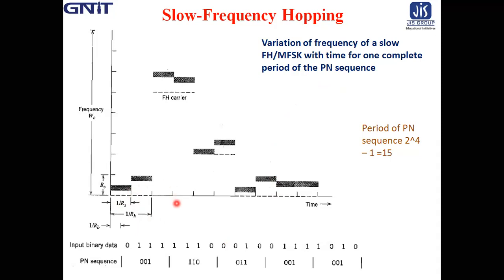This figure also includes the input binary data and the PN sequence controlling the selection of the carrier frequency. There are 8 distinct frequencies available for hopping. Only 3 of them are utilized.